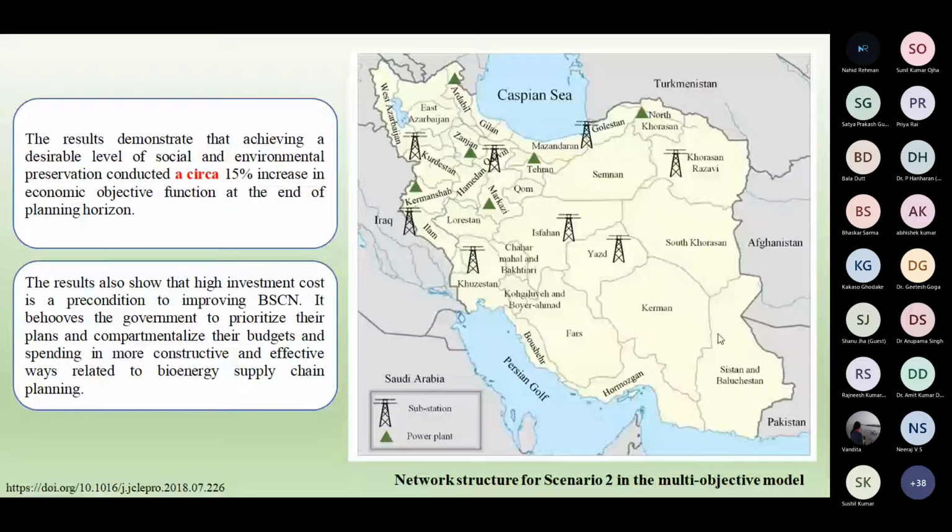Here you can see that a desirable level of social and environmental preservation can be achieved using such planning to harvest the energy as well as protect the ecosystem.